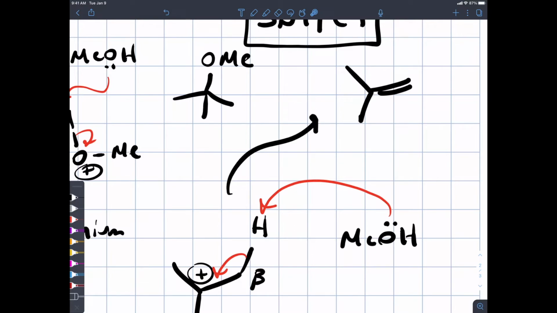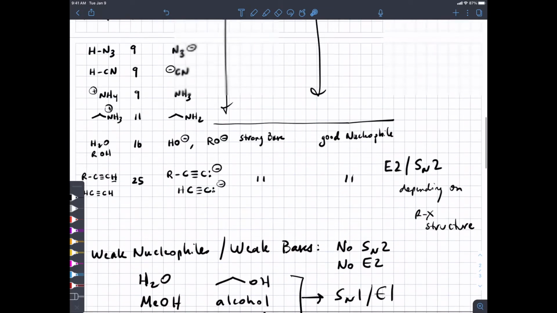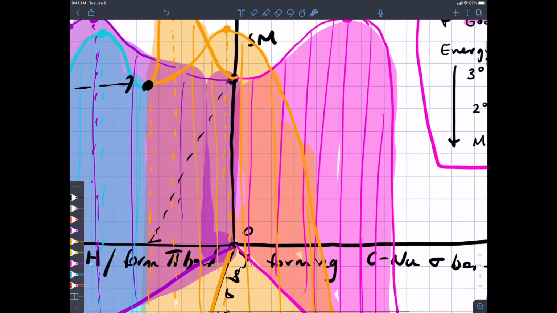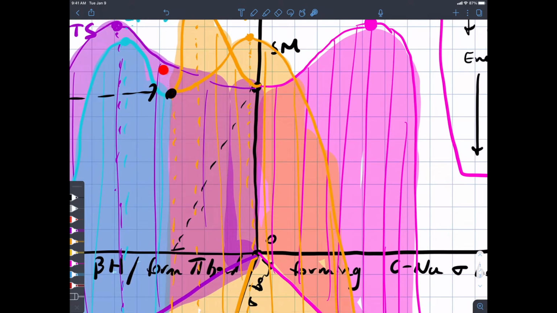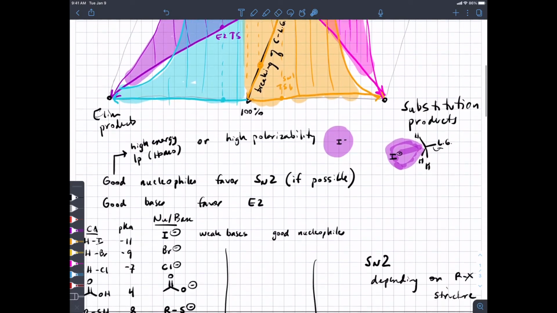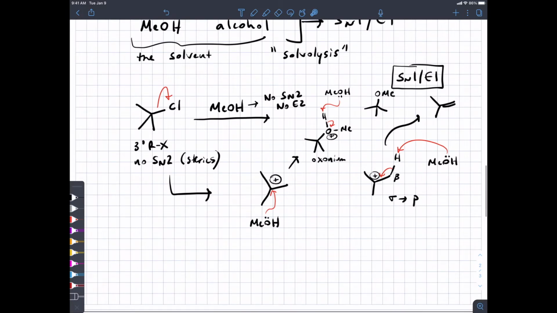The reason I'm going to do that is we're going to see as the class goes on that there are other things that can happen to carbocationic intermediates, and there are other pathways branching off this. You're going to conclude that if you can avoid it, you should avoid a carbocationic intermediate. SN1 and E1 reactions are cruddy in terms of yield and in terms of selectivity. If you start a reaction and you want one product and you get a mixture of products, probably that's not a great way to go.